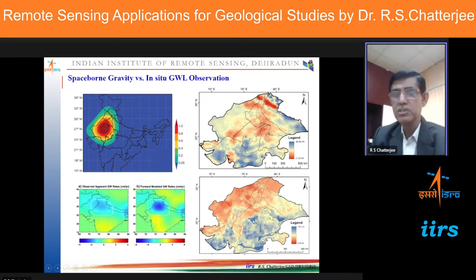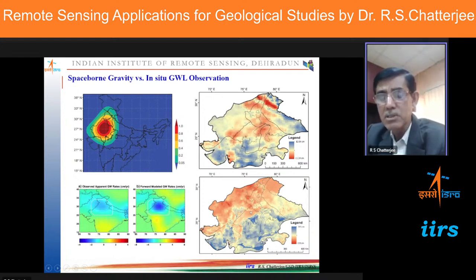And this is the in situ groundwater storage change based on the Central Groundwater Board in situ groundwater level data. Based on that, we have prepared this groundwater storage change map, and this is the groundwater storage change from the GRACE gravity, and you can compare this.